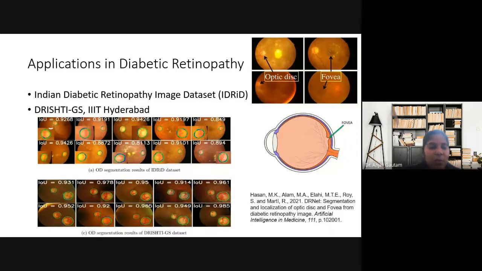If you don't want to use an already existing pre-trained model, there are AlexNet, GoogleNet, and many others. MobileNet has also come. These are pre-trained models. If you want to use them, you can perform transfer learning and find out the result. But in the case of medical imaging, those are not giving good results.